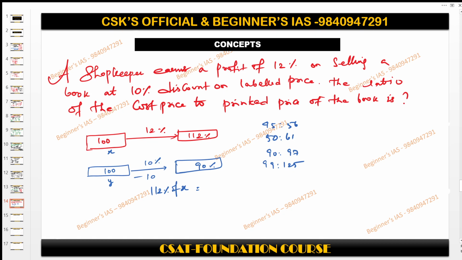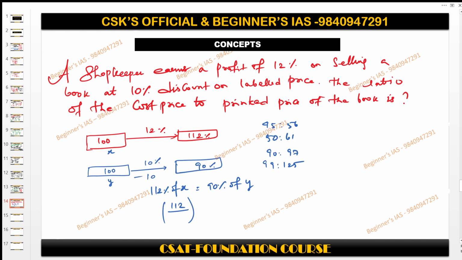MRP minus discount is nothing but what? Selling price. Equate the selling price. That's it. 90 percentage of Y is 112 percentage of X. So 'of' means what? Multiplication.